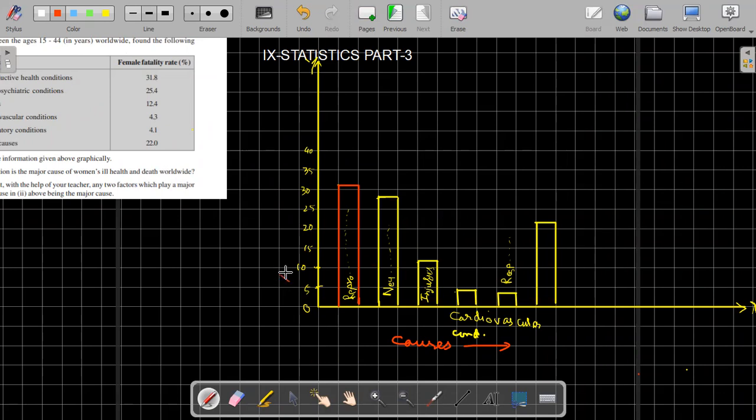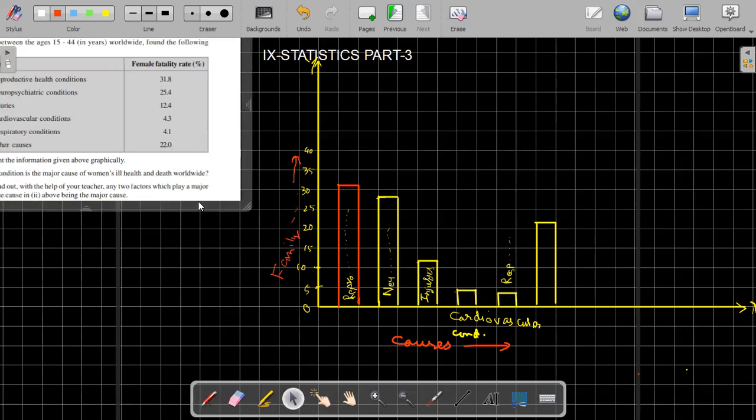So here we will write, very difficult for me to write, family fatality rate, and then you can draw one arrow. This should be done. Okay. After that, this graph is finished now.